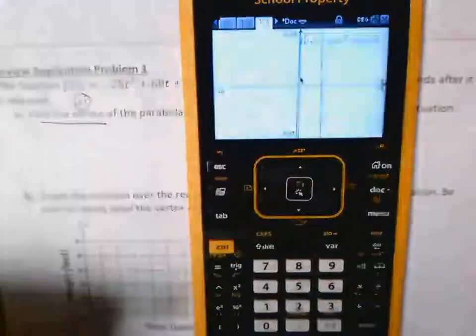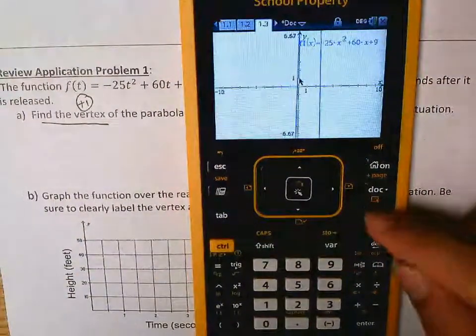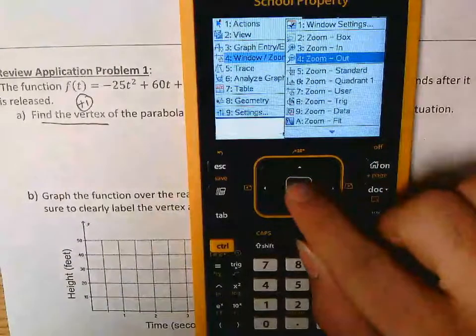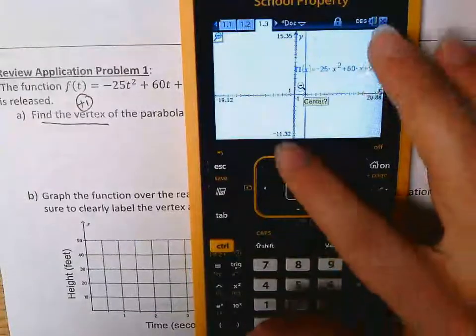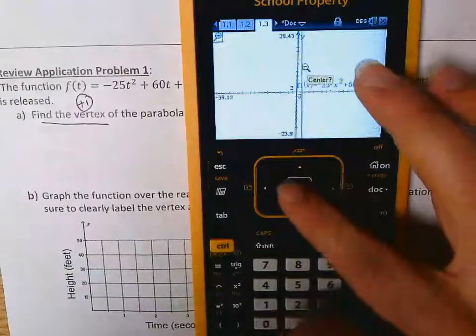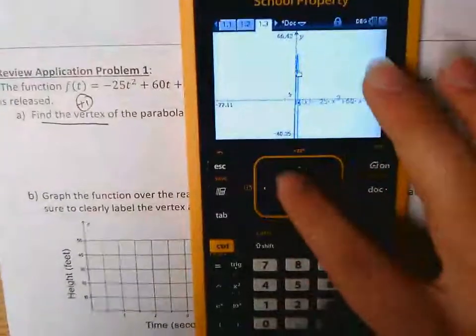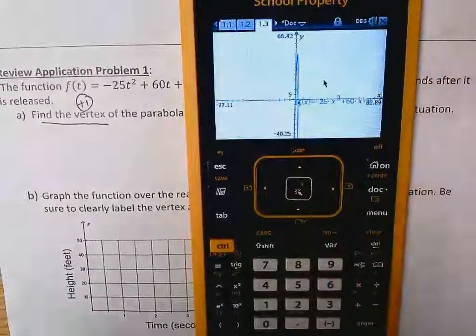Notice that you don't see whether you have a maximum or a minimum, so something that you can do is zoom out. So I'm going to zoom out here. Let me zoom out again. Okay, so notice that we actually have a maximum because my parabola is open down.